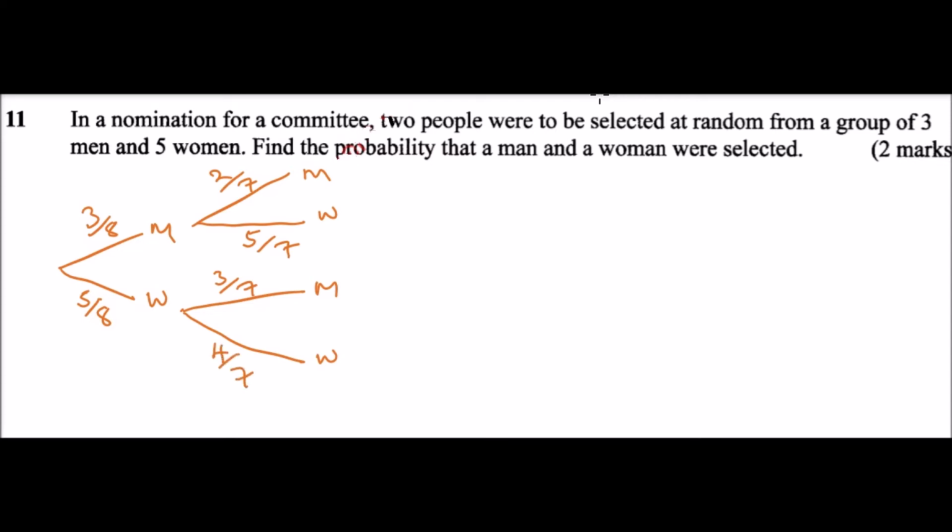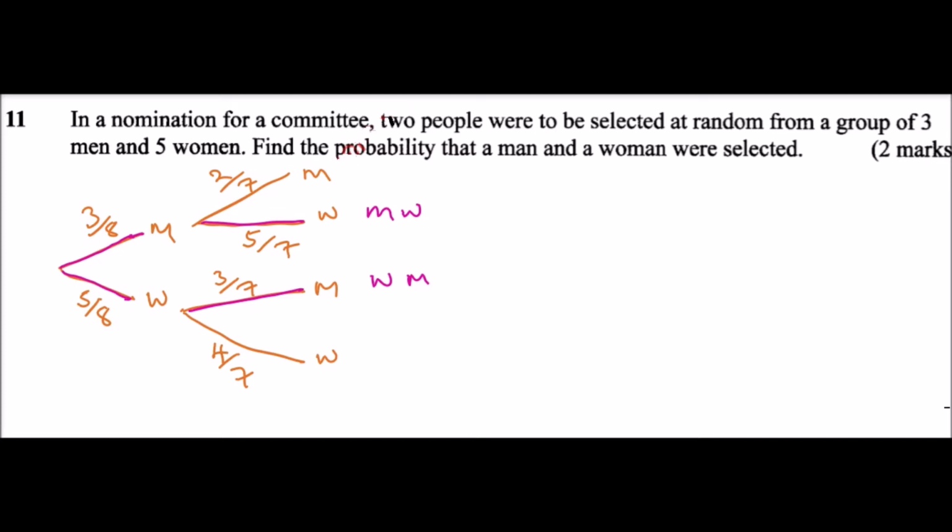So the probability of selecting a man and a woman: the first option is selecting a man and then a woman. The other option is when you first select a woman and then a man. Those are the only 2 possibilities that you can get.